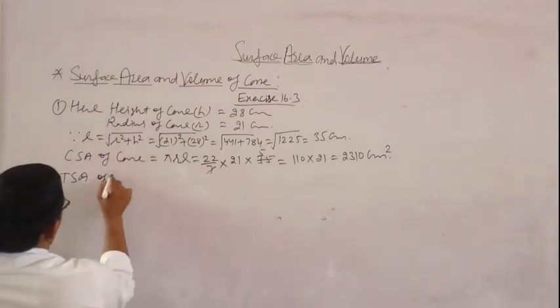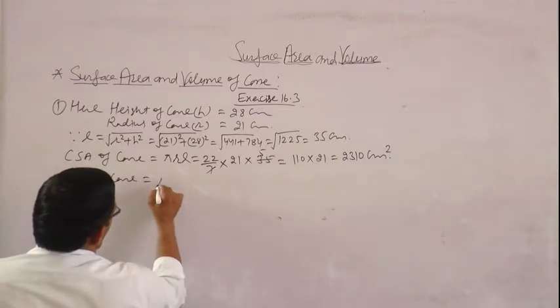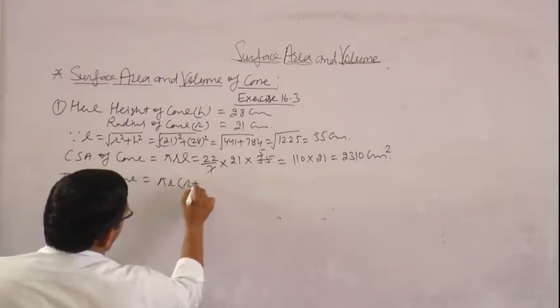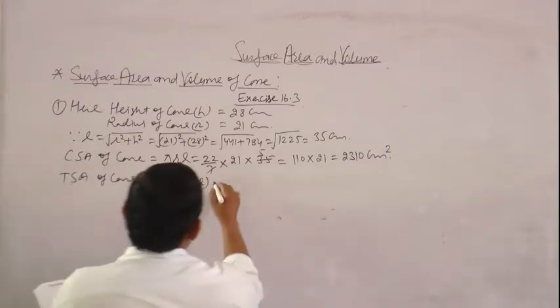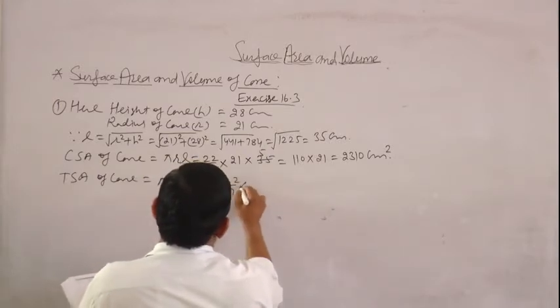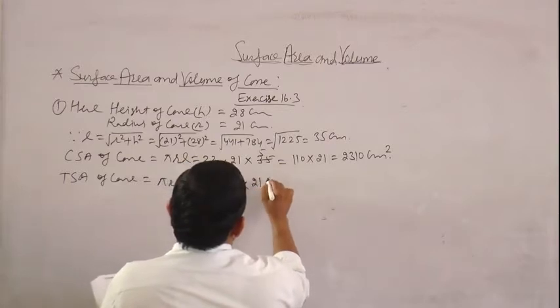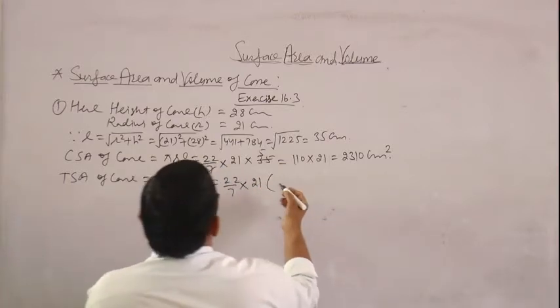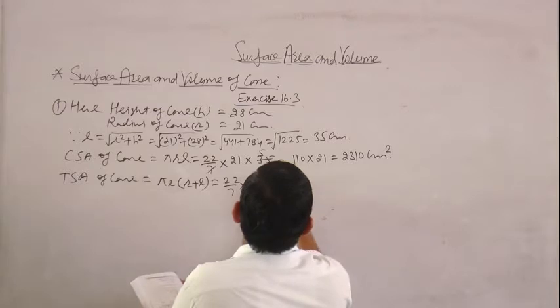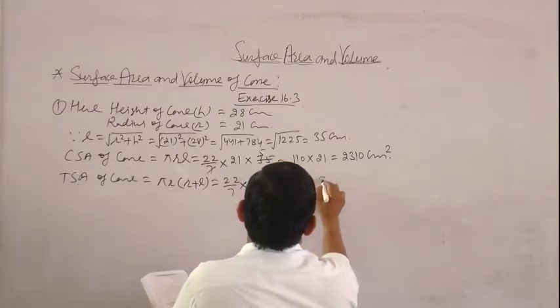Then second is total surface area, TSA. Total surface area of cone, TSA, is equal to pi r multiply r plus L, is equal to 22/7 multiply radius 21, then r plus L, it means 21 plus 35 is 56.